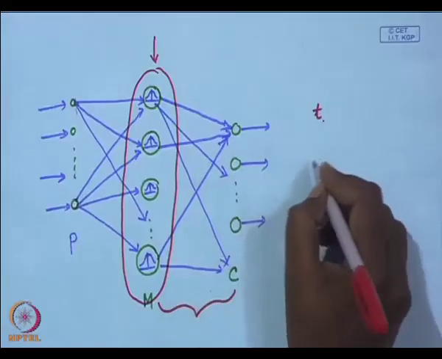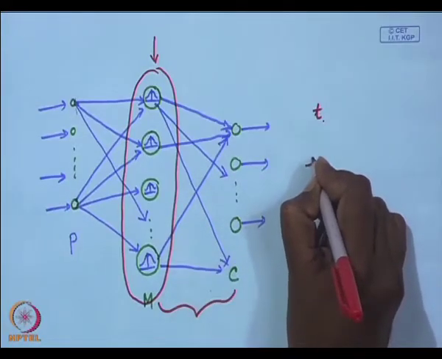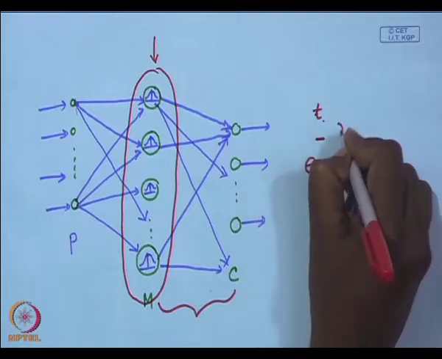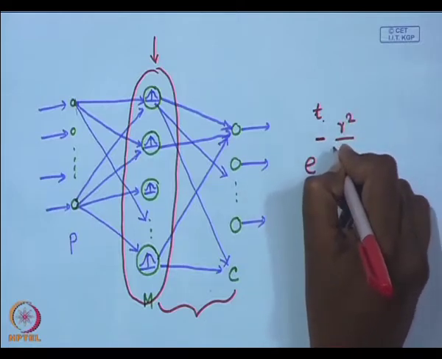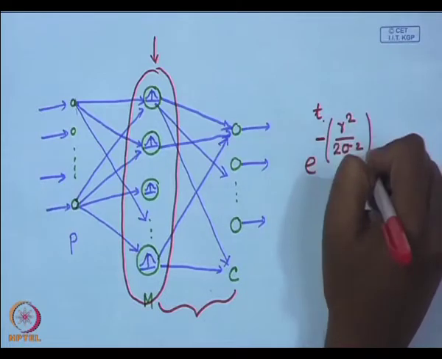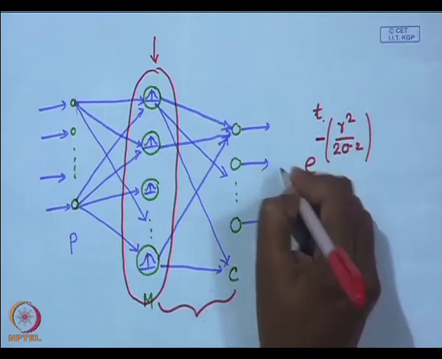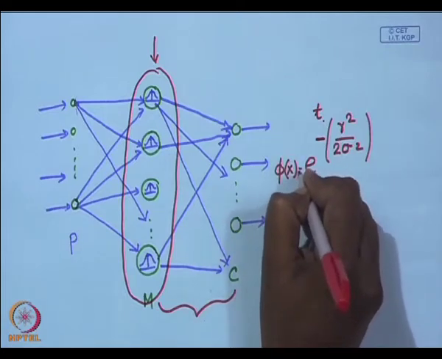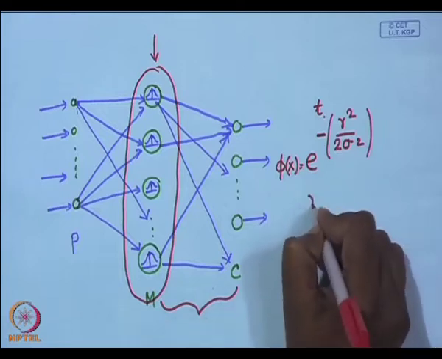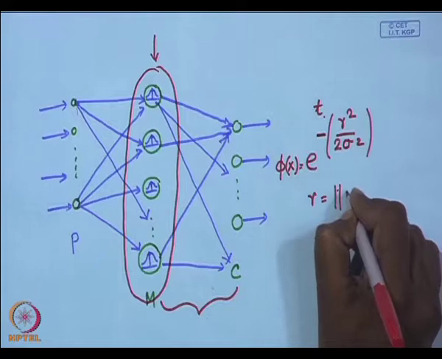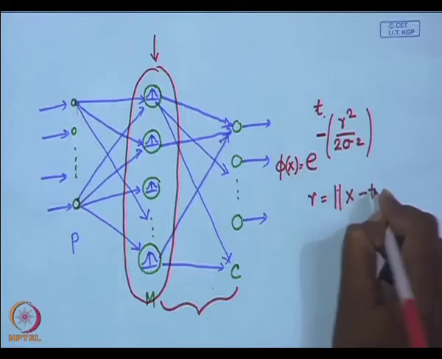And then if I use the Gaussian function, we have said that the radial basis function is of the form e to the power minus r square upon 2 sigma square. That is my phi of x, where r is nothing but the distance between x and t.